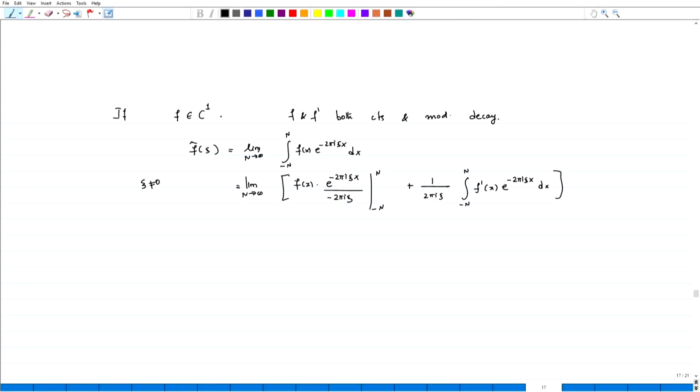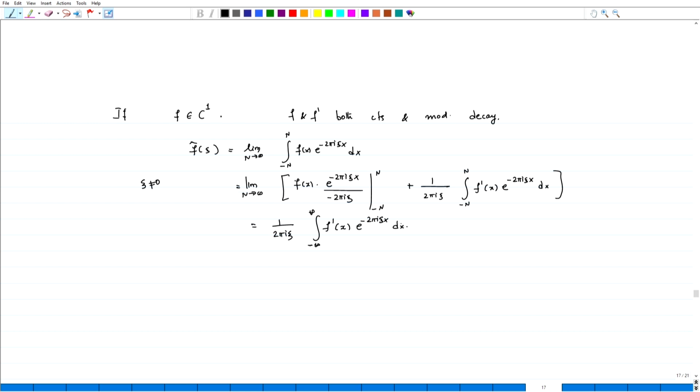So the first part will go to 0, and for the second part we are assuming that f prime is integrable. So we can write it as 1 by 2 pi i xi times the integral from minus infinity to infinity of f prime of x e to the power minus 2 pi i x xi dx.